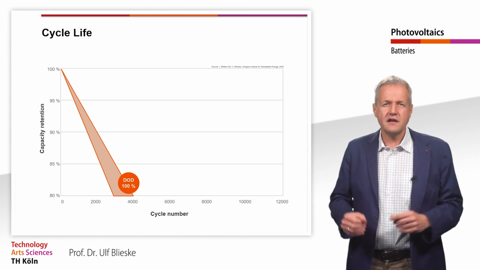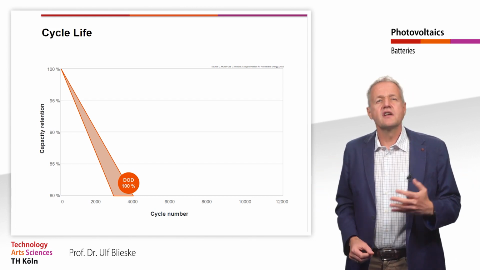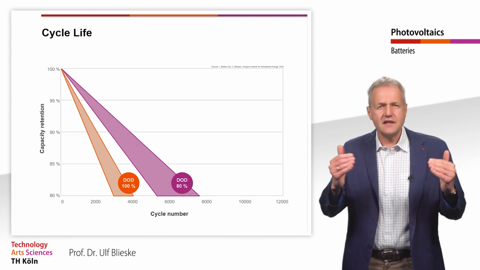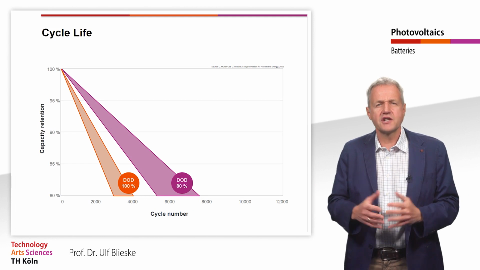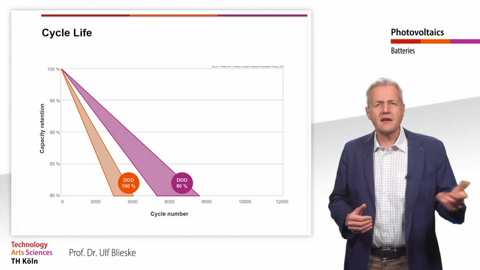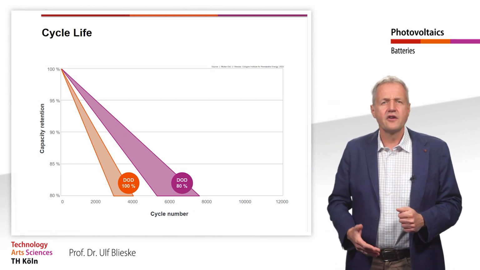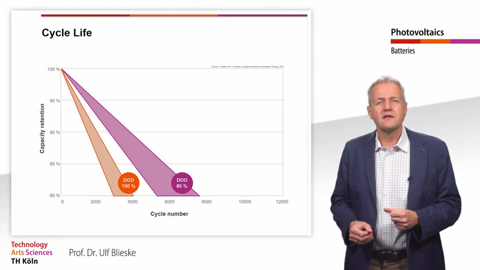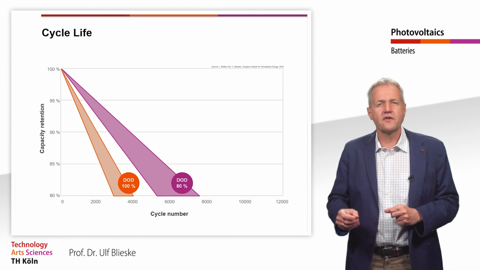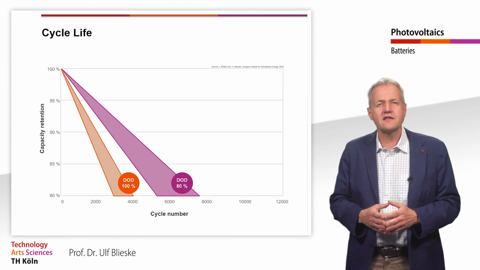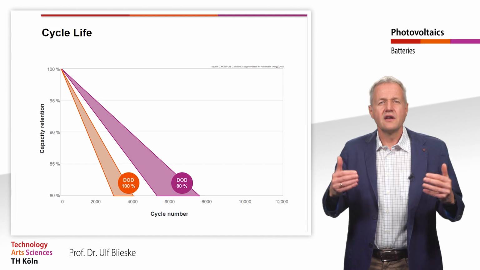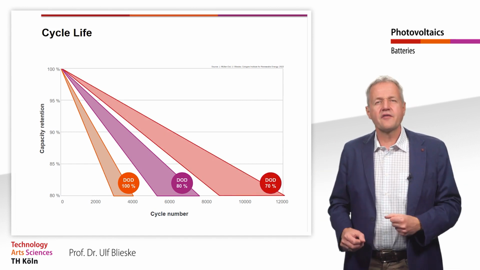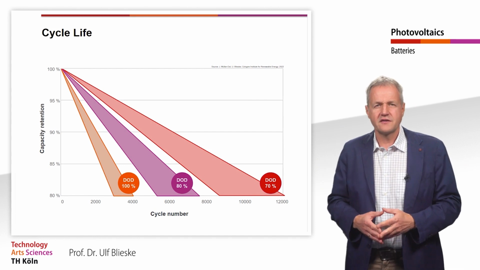If the DOD, the depth of discharge, is now limited to 80%, that means the battery is never discharged below a state of charge of 20%, the cycle life increases to 5,000 to 8,000 cycles. However, these are only partial cycles, so the entire available capacity is no longer used. If the DOD is limited even further, the cycle life can be further increased.